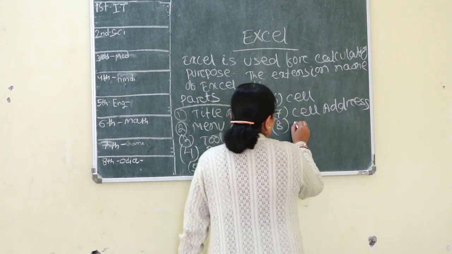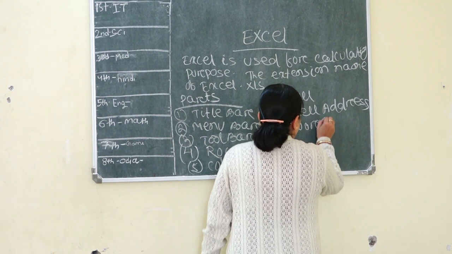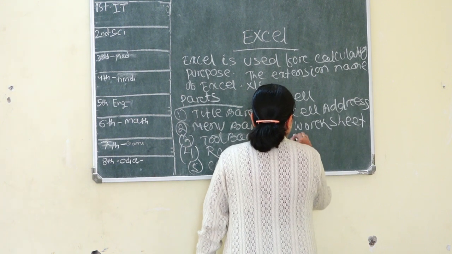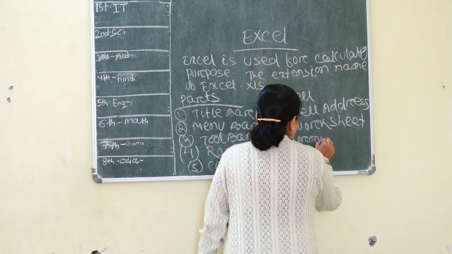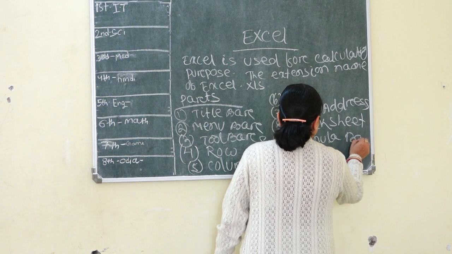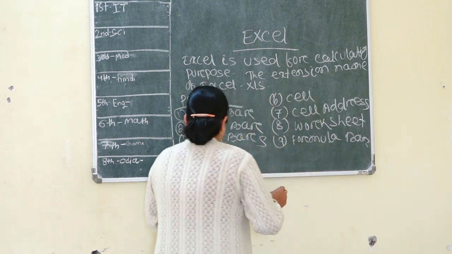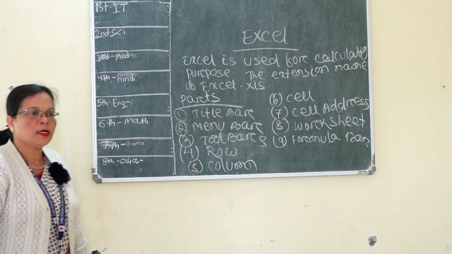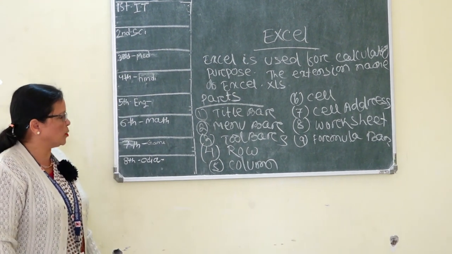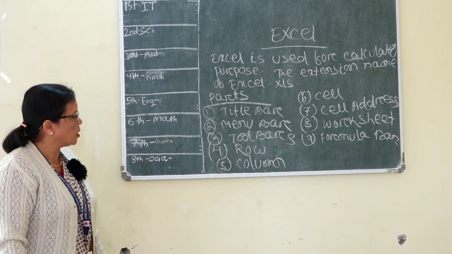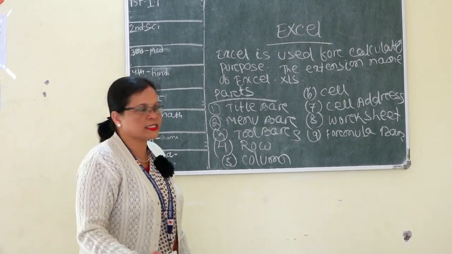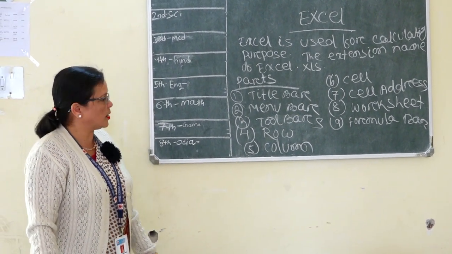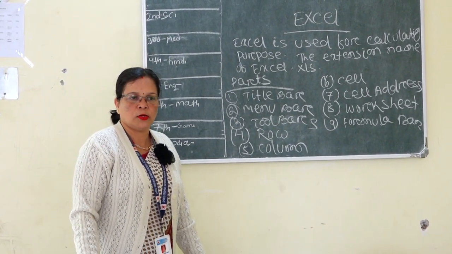Number 8, worksheet. And number 9, formula bar. So what are the parts of Excel? Number 1, title bar. Number 2, menu bar. Number 3, toolbars. Number 4, row. Number 5, column. Number 6, cell. Number 7, cell address. Number 8, worksheet. And number 9 is formula bar.